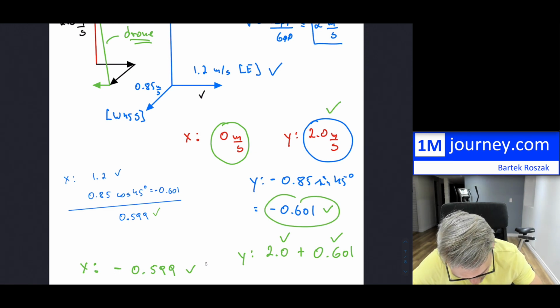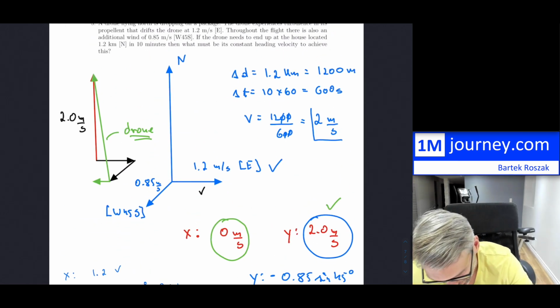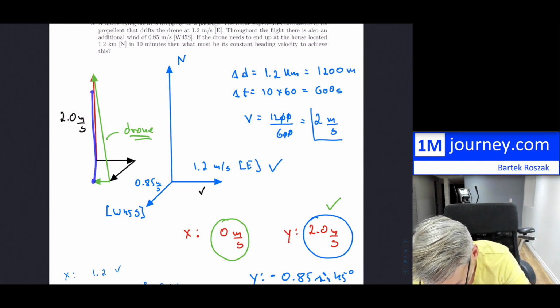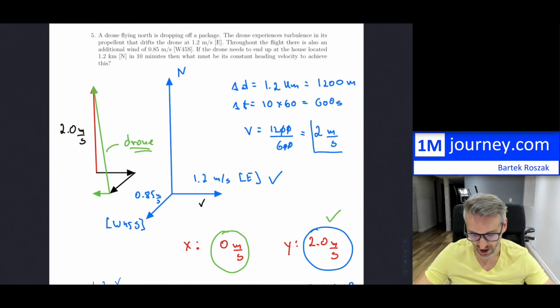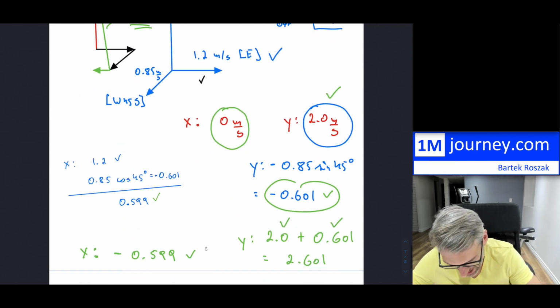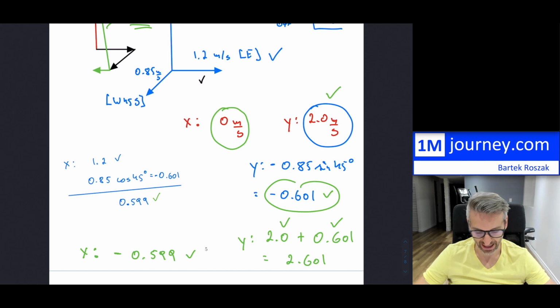So that means this is going to be 2.601 meters per second, and that's this entire piece, from here straight up. It's an extra little piece added in, and that is your heading velocity. So that's the x component and then the y component.